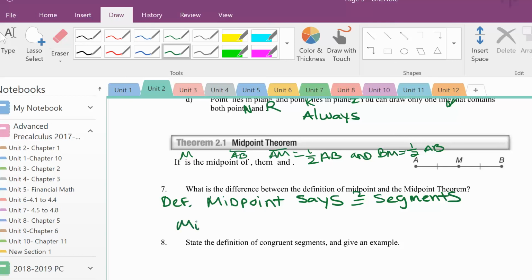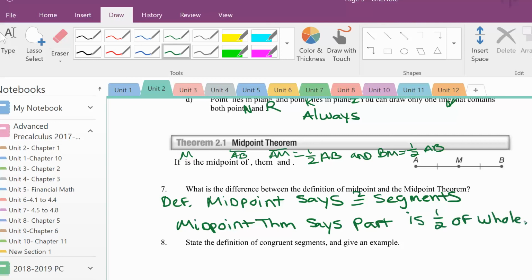The midpoint theorem says that the part is half of the whole. So basically it says that the 2 parts are half of the whole thing. So that's the difference between definition of midpoint and midpoint theorem. Definition of midpoint says that the 2 segments are congruent, it would say AM is congruent to MB. But if you're talking about the midpoint theorem, that says that AM is half of AB and BM is half of AB.